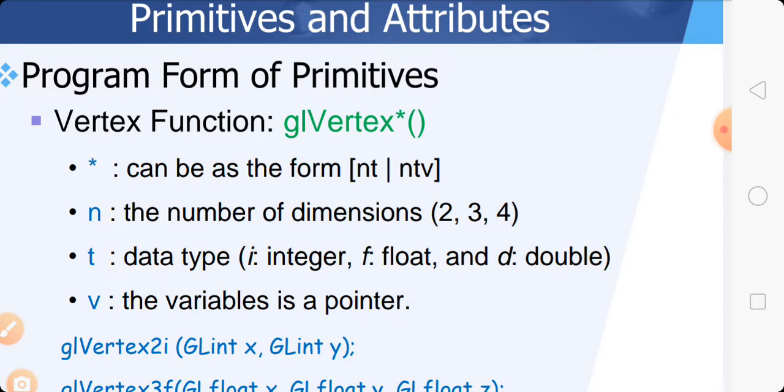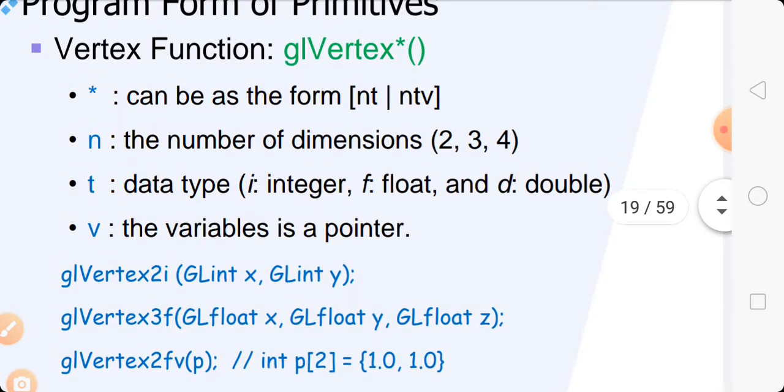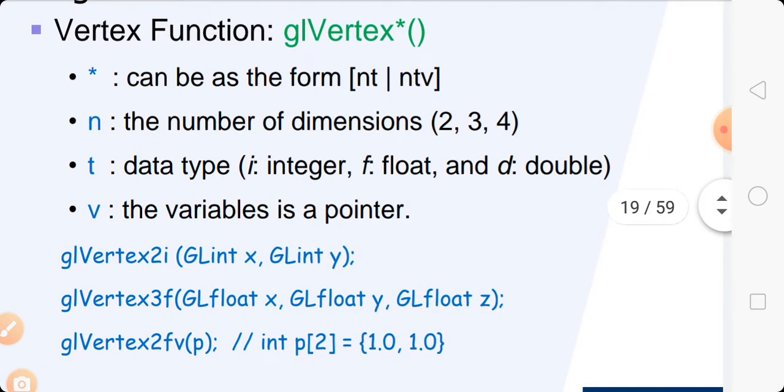V is the variable, a pointer. N is the number of dimensions, T is the data type, and V is a variable pointer. So this is the example you can use in the graphics program.